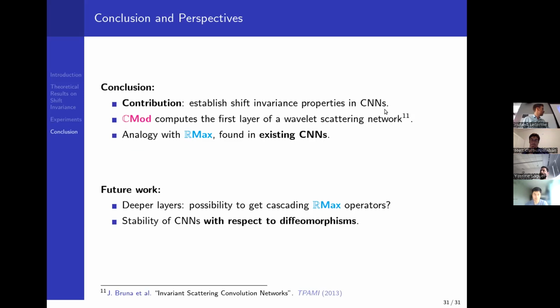And I actually forgot to add another point. As an experiment, we tried to see what happens if we replace the Rmax operator by a CMOD operator in CNNs.